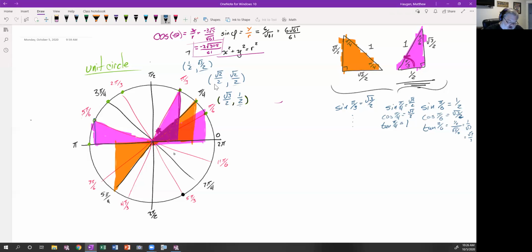For example, over here at 5 pi over 6, okay, that y value is still that short height at 1/2. But notice the x value, okay, its raw length is still the square root of 3/2, but because we're in quadrant 2, it's going to be negative.